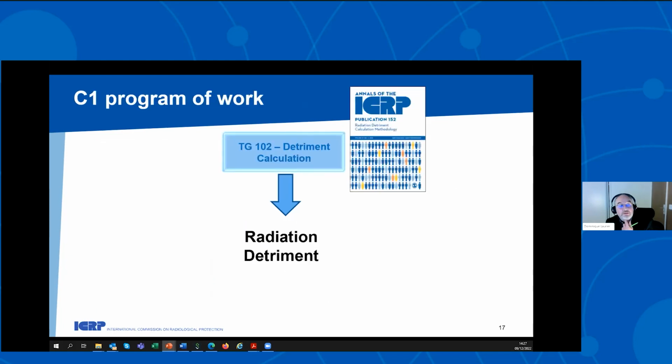So for the detriment, the work of TG 102, published in publication 152 several months ago, has been to revise and to look precisely in detail at all the different steps in the calculation of the detriment, all the different elements.